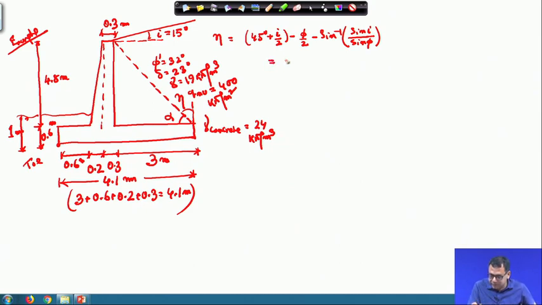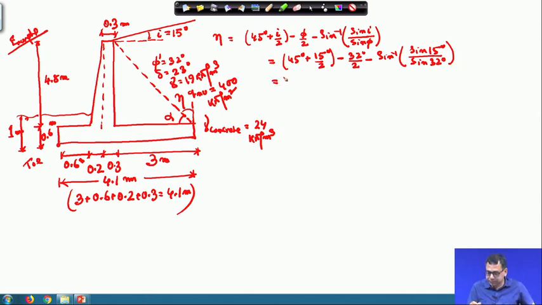So, first check that. This is 45 degree plus 15 degree divided by 2, minus phi, which is 32 degree, divided by 2, minus sin inverse of sin 15 degree divided by sin 32 degree. Okay. So, this value is 7.26 degrees.